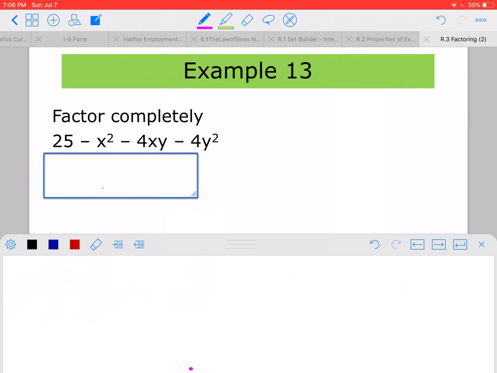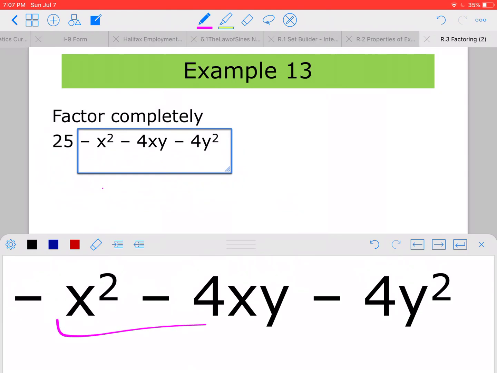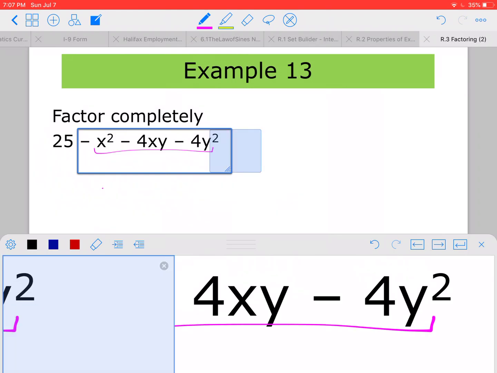Okay, I was right. Here's what we want to do. I recognize that there is what appears to be a perfect square trinomial there, but it's not quite a perfect square trinomial because of the minus minus.